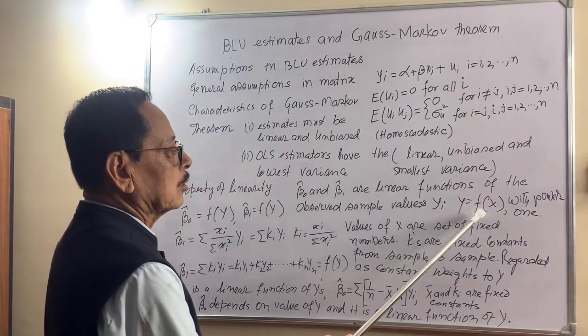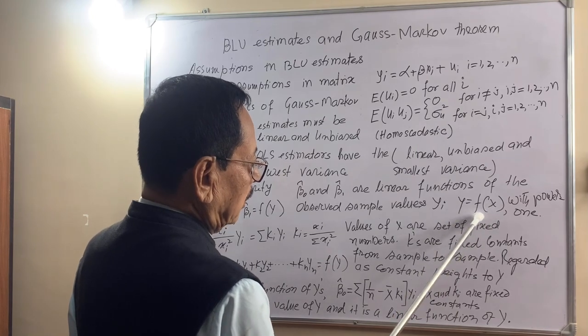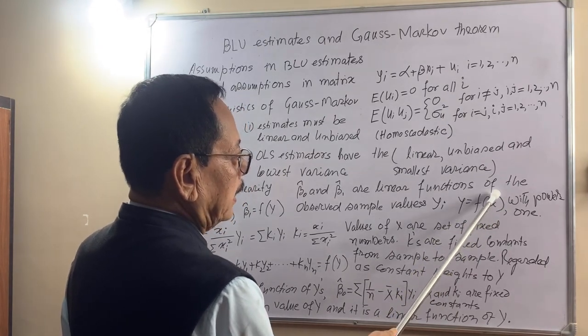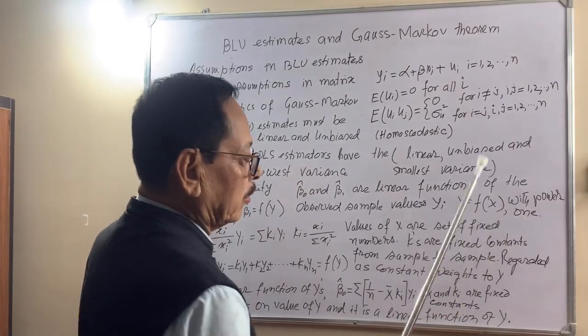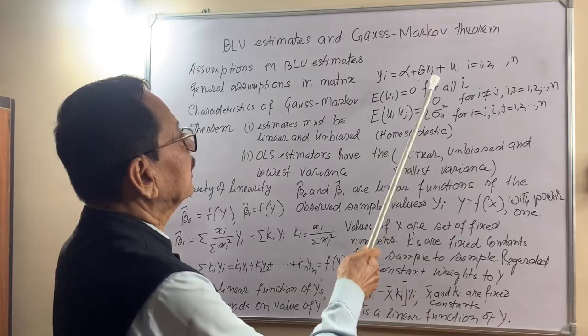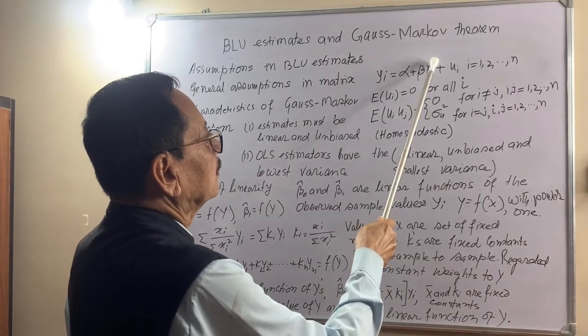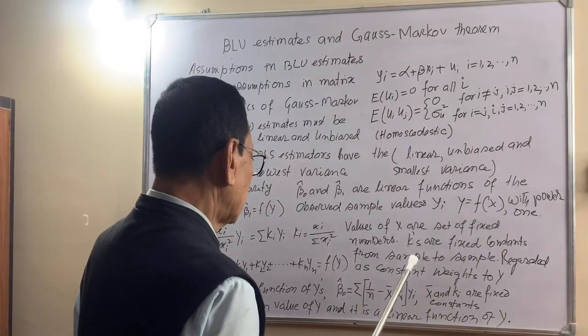Y is a function of x, and the function must have the highest power 1. Only then it will be linear. So here it is linear because the highest power of x is 1.